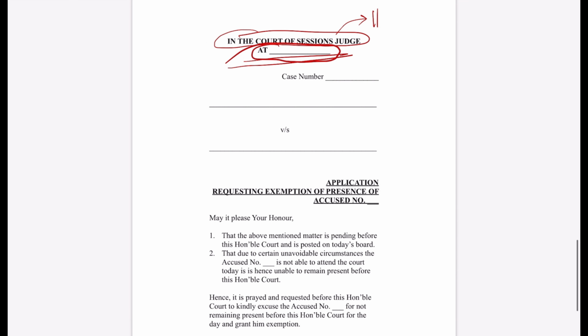Then you write the case number with the proper prefix, as we have discussed in the earlier video. Here it could be a sessions case number. If this is before a JMFC court, then it could be RCC number so and so, or if it is a summary case, then SSC number so and so.